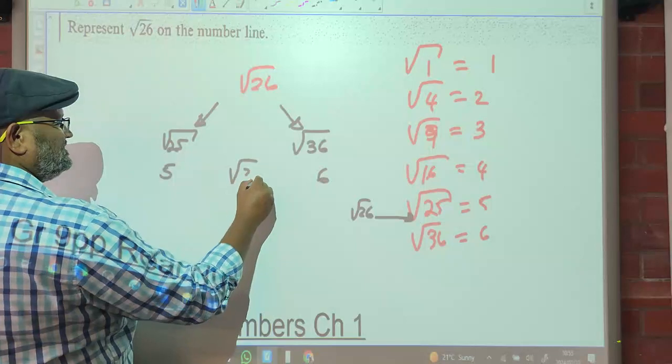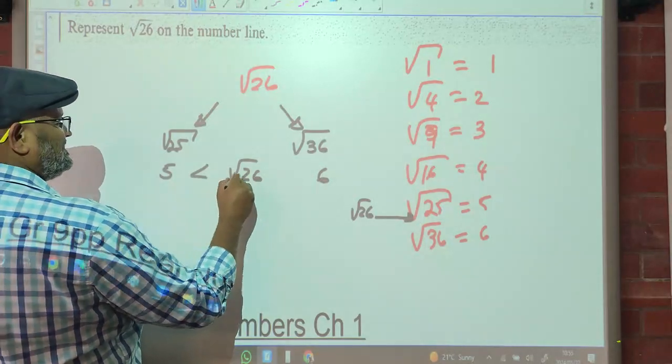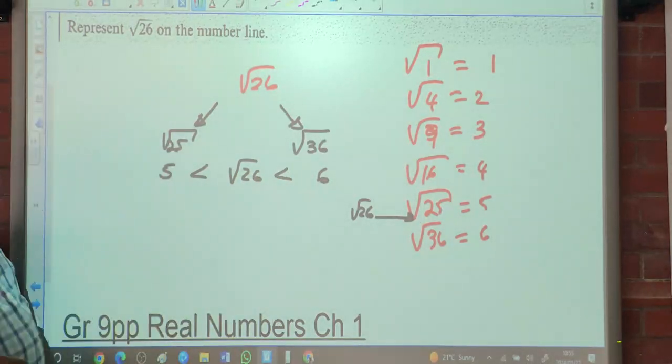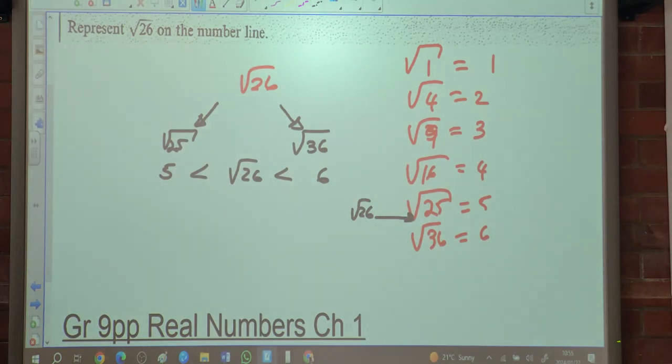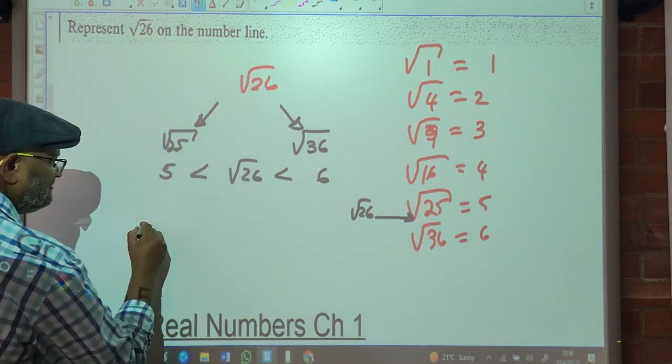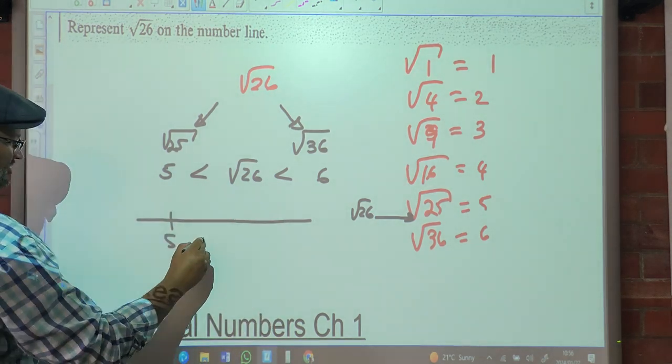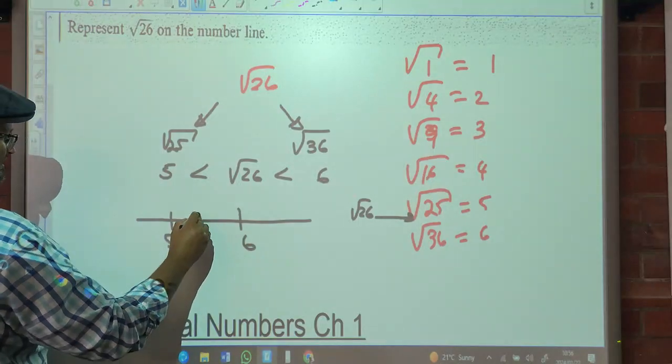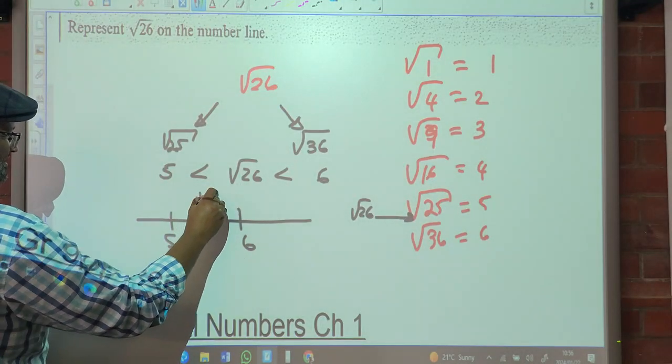So in other words, the square root of 26 is larger than 5 but less than 6. Okay? But remember the question was to write this on a number line, not so? So we just simply put on the number line 5, 6, and of course the square root of 26 between them.